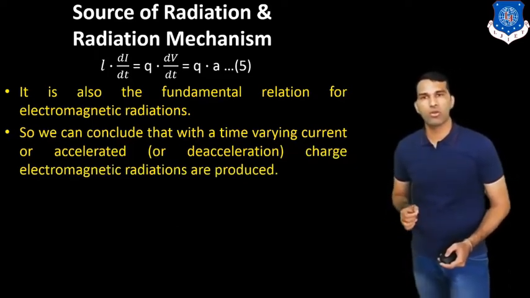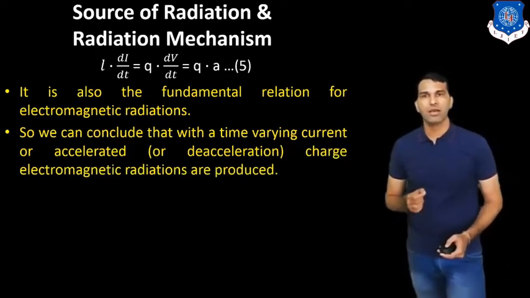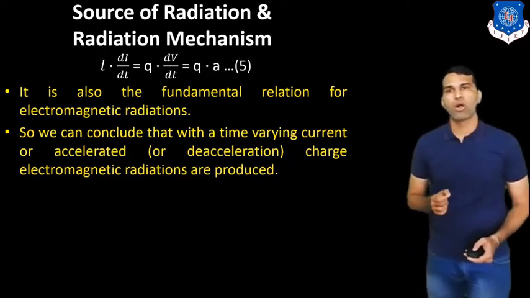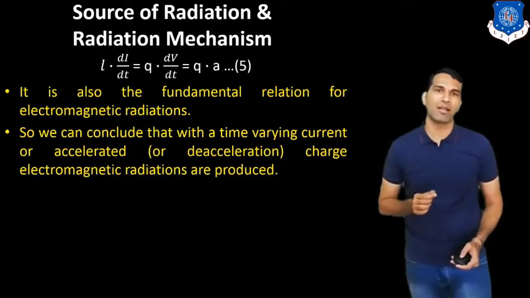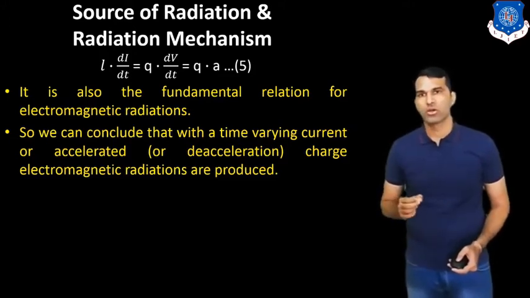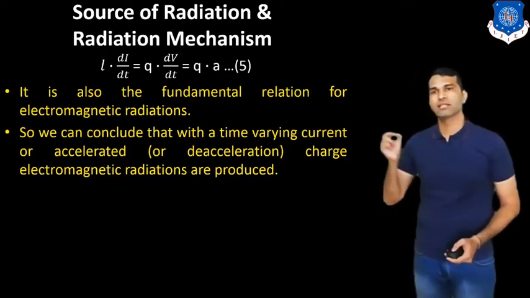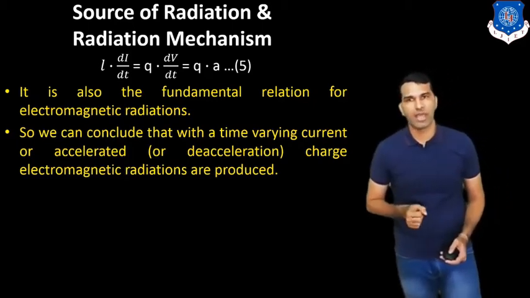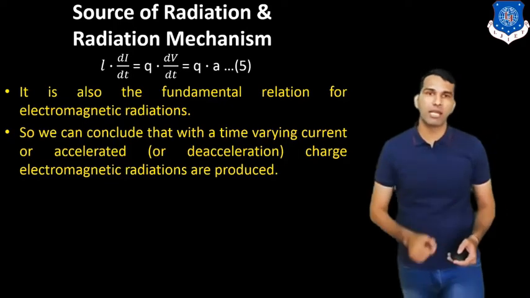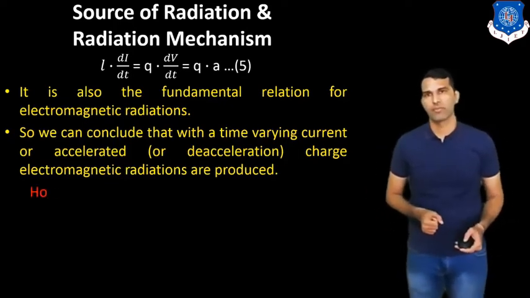We can conclude from this equation that with a time varying current or an accelerated charge, electromagnetic radiation is produced. This equation relates the time varying current and acceleration, and due to this the electromagnetic wave is produced.